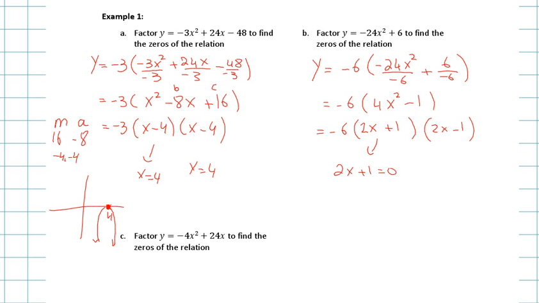Then divide by 2. Do the same thing for the other factor. Okay? So 2x equals 1. Divide by 2. So it's going to be a half. So your two zeros are negative a half and positive a half.